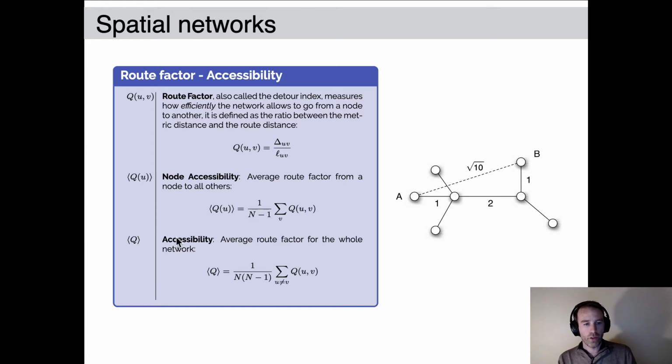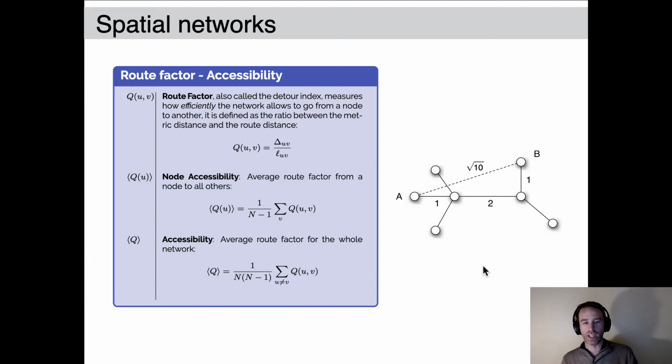And finally, the third one is the global accessibility, which is also computed based on the root factor. It's the same idea as before, but this time among all the nodes in the graph. You take all the nodes in the graph, and you compute for all the other nodes the detour index.